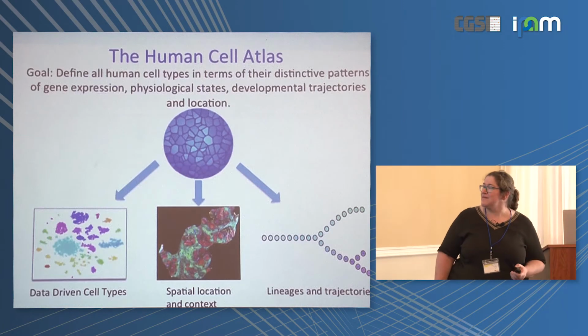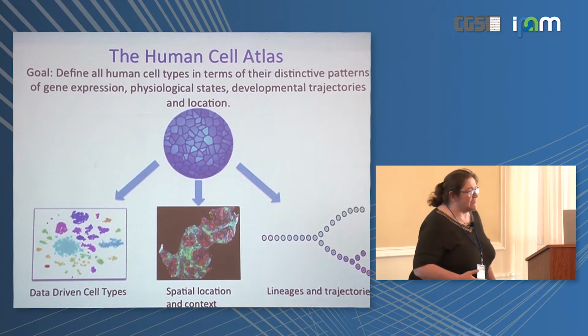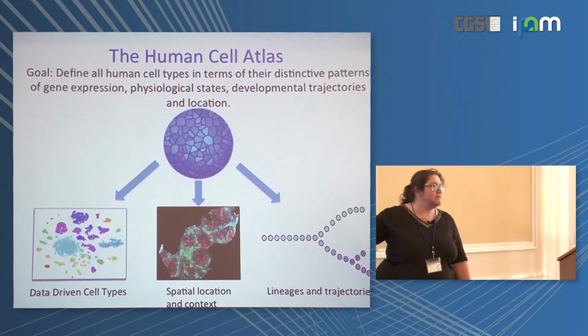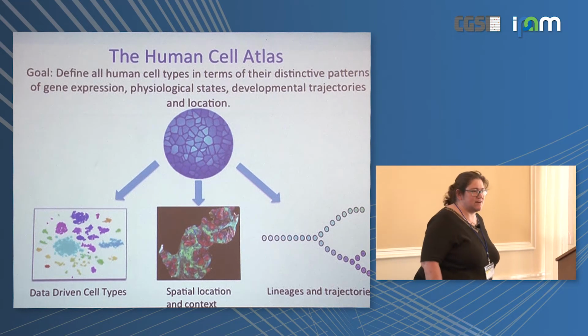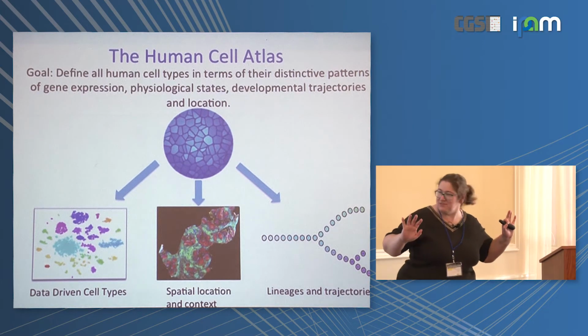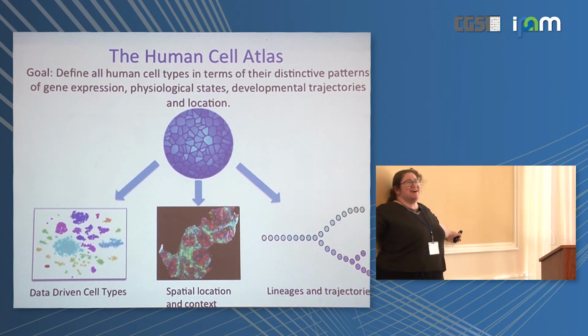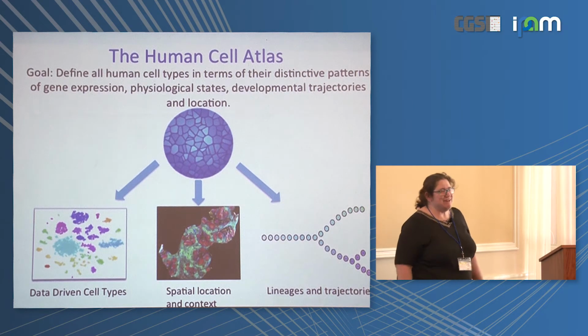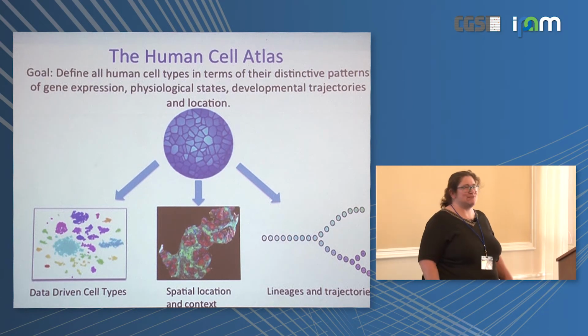You tell me. Before we actually dig in, I want to make a little plug for the Human Cell Atlas project. In October of this year, we launched the Human Cell Atlas project.